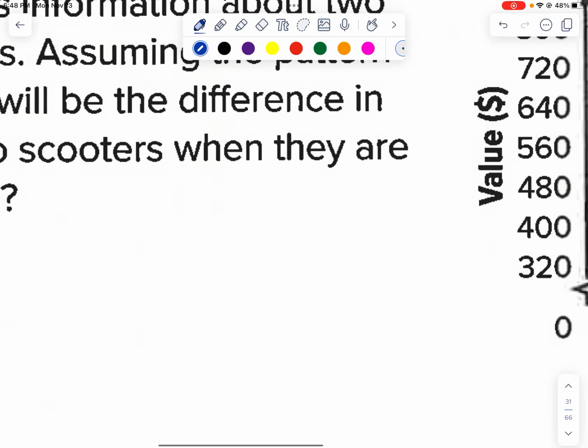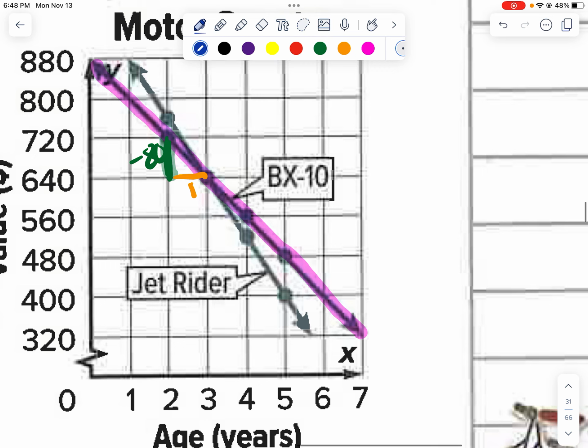Then, if I look at the other one, how far down did it go? Oh, that's not a very pretty point. We can't use that one. We need pretty points. This one down to here. So it went from 640 down to 400. So that's 240.